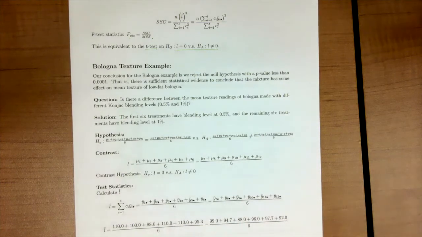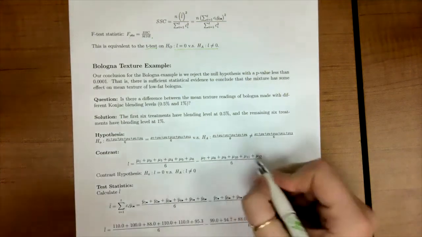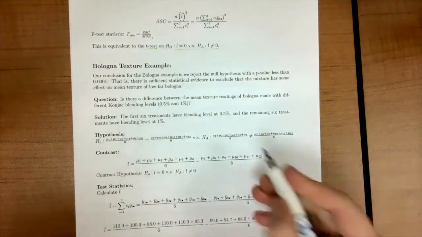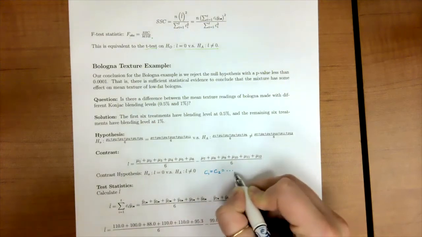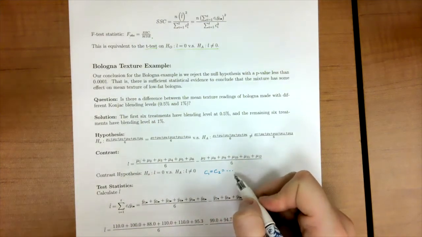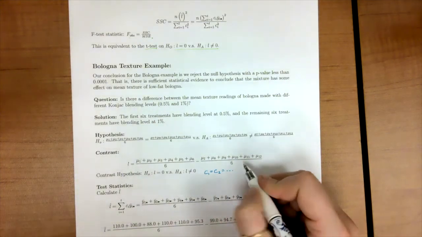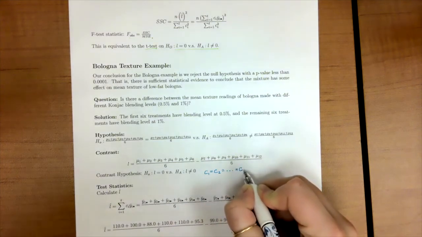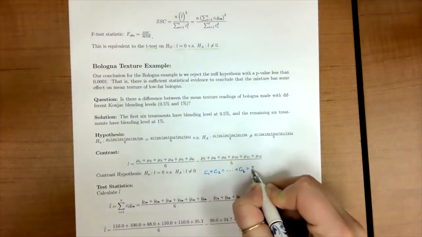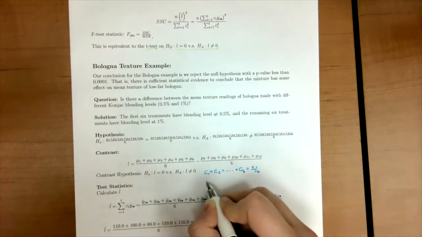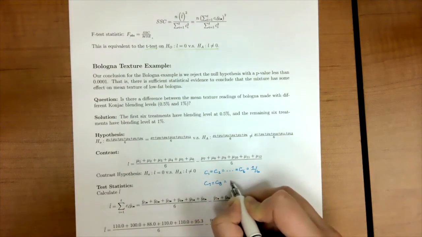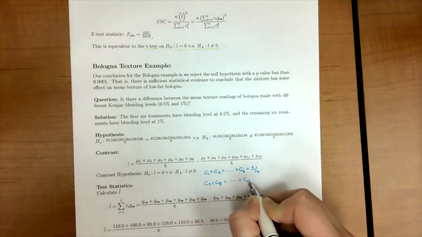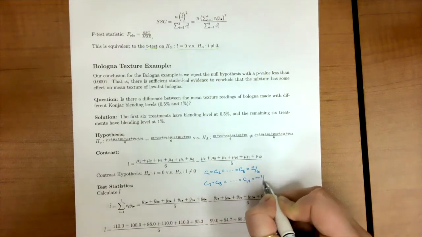Our contrast coefficients in this case are C1 equal to C2 equal to, I'm going to put dot, dot, dot, which is going to represent C3, 4, 5, C6 is going to be equal to 1 over 6, and C7 equal to C8 equal to dot, dot, dot, C12 is going to equal minus 1 over 6.